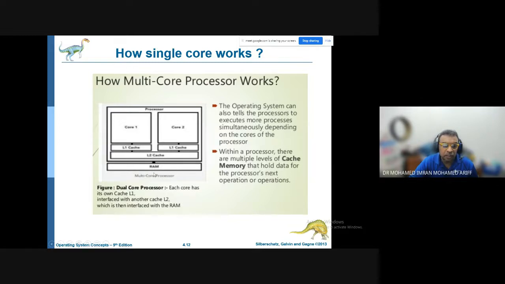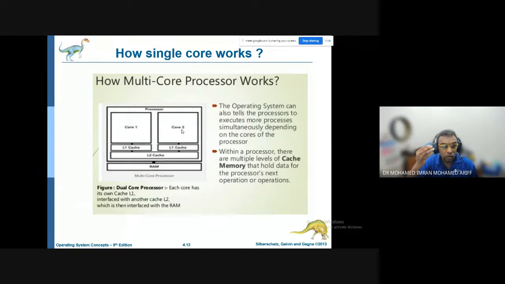So now the operating system's job is to tell the processors to execute more than one process, and once a process comes inside the RAM, it will be passed according to the core. Because if you remember, to execute a process, you need RAM and a processor.